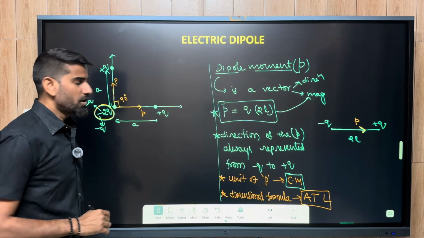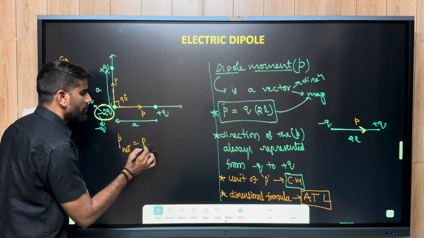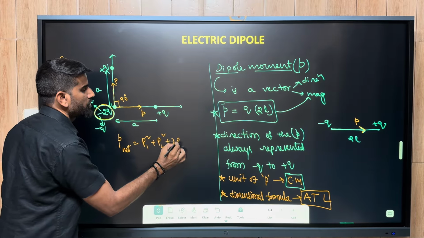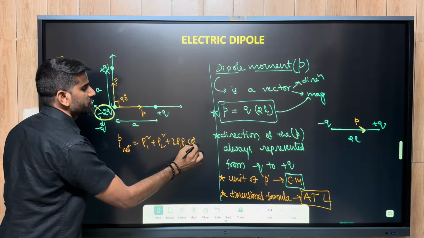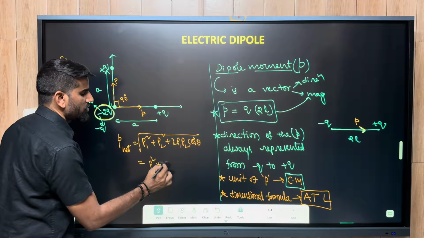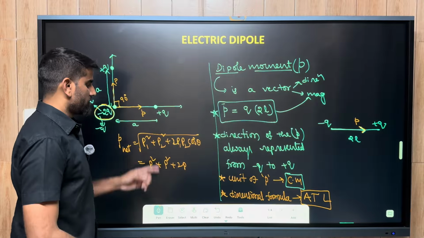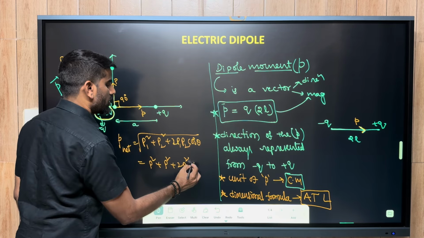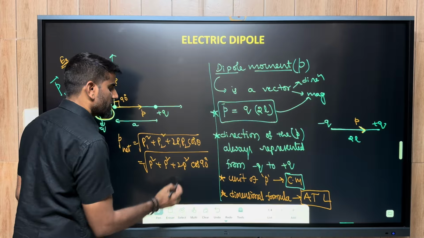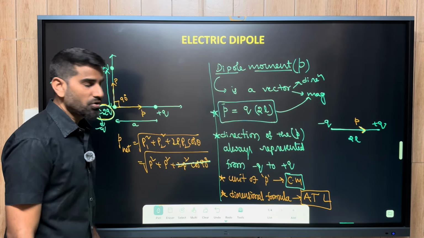Now what is the net dipole moment? P net is equal to the root of P1 square plus P2 square plus 2 P1 P2 cos theta. P1 is P, P2 is also P, so 2P square cos theta, where theta is 90 degrees, this entire term will be 0.